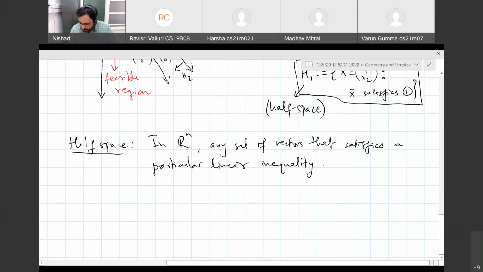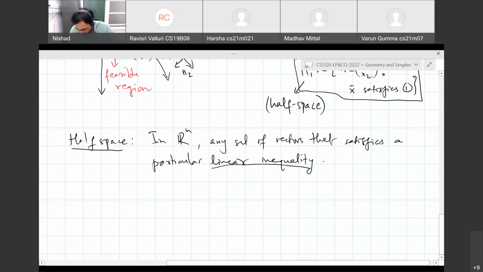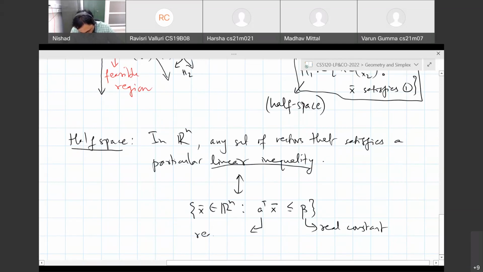So basically, if you want it a bit more in symbols, let's say it's all of those vectors in Rn that satisfy A transpose x bar less than or equal to beta, where beta is some real constant and A transpose is some real row vector.